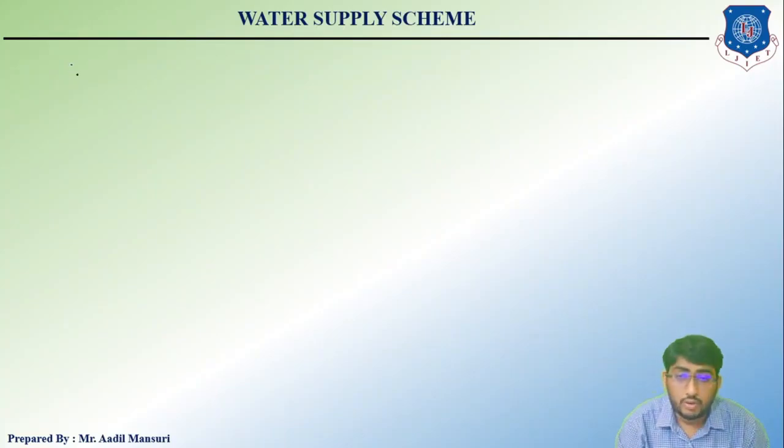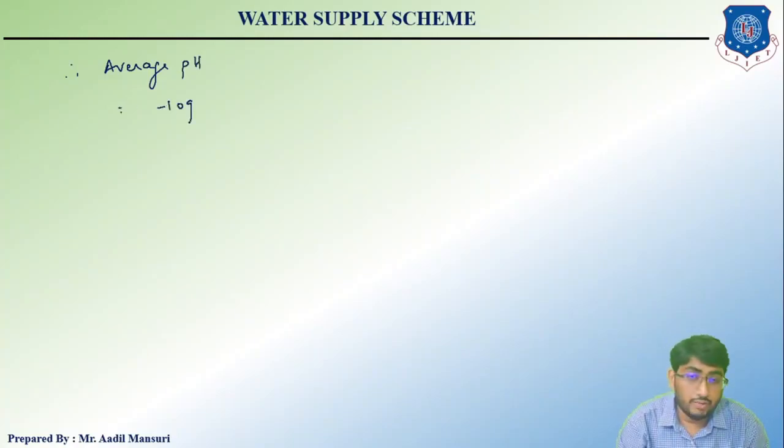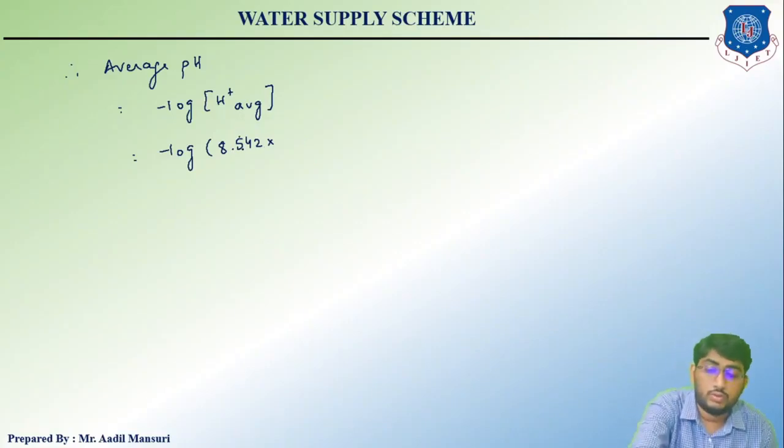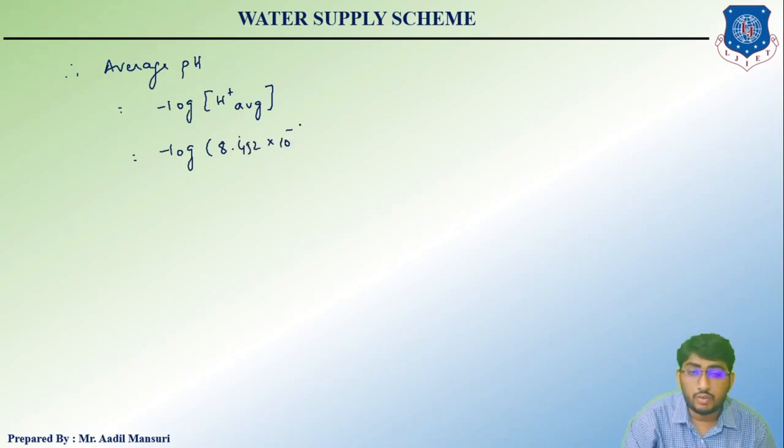Therefore the average pH will be equal to negative logarithm of H plus average concentration, that is negative logarithm of 8.452 into 10 to the power minus 8.4.